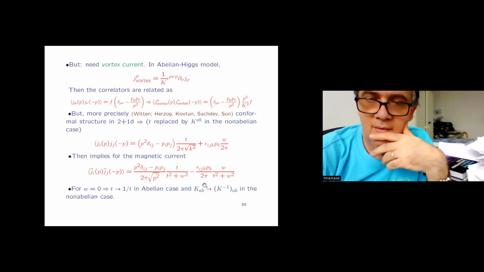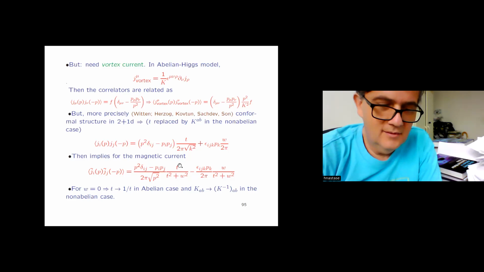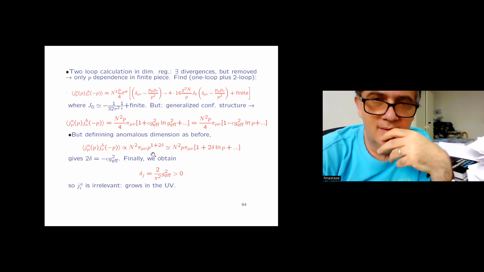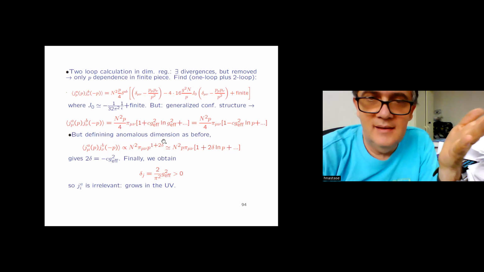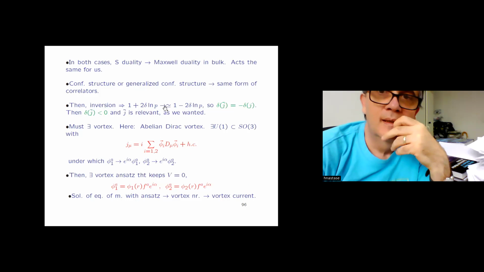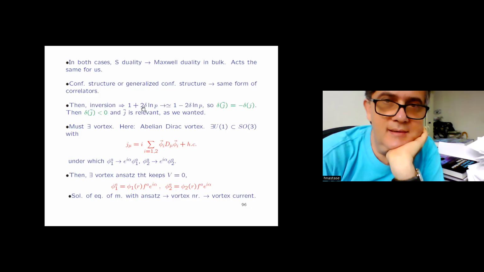So the matrix inverse is just delta AB times the regular inverse of the coefficient. And so basically I have to just invert this thing, which means that going from 1 plus 2 delta log p to 1 minus 2 delta log p.